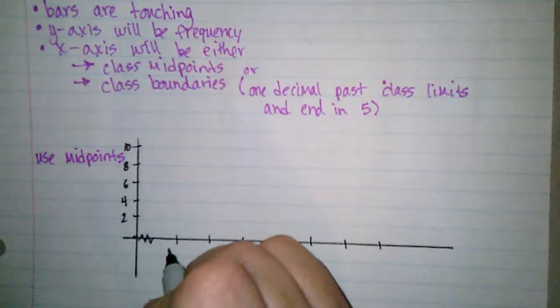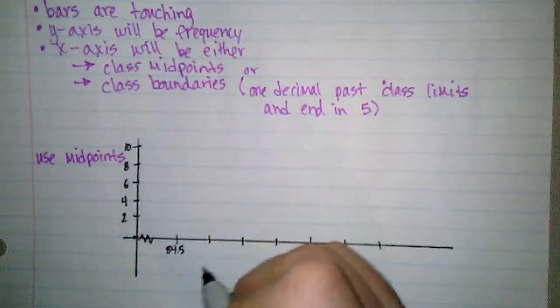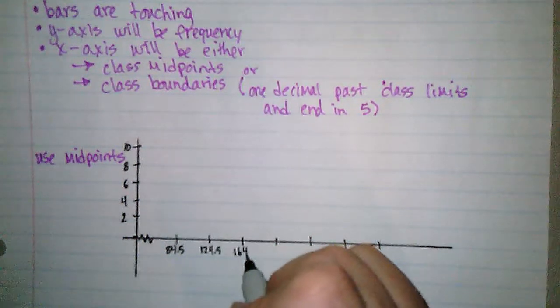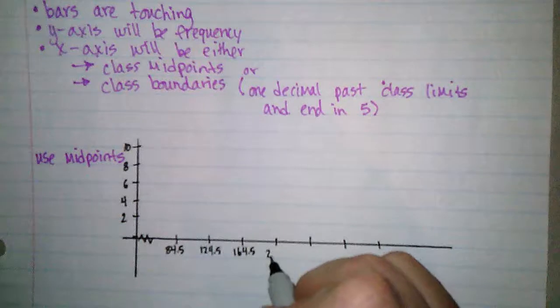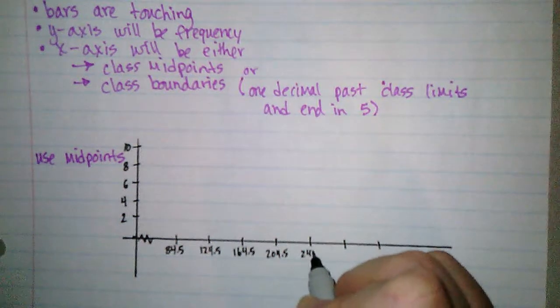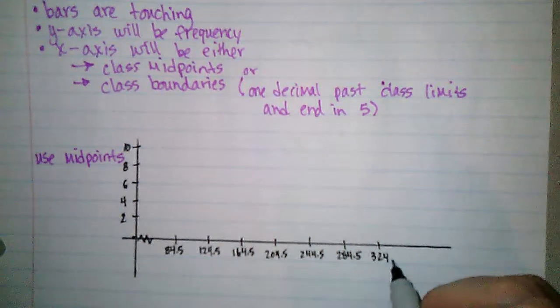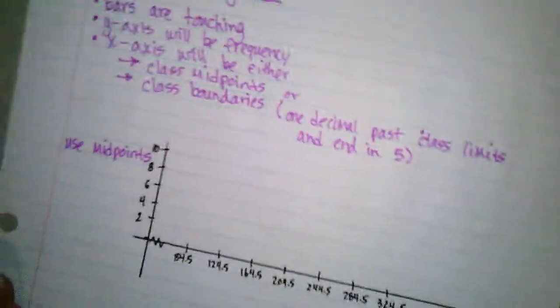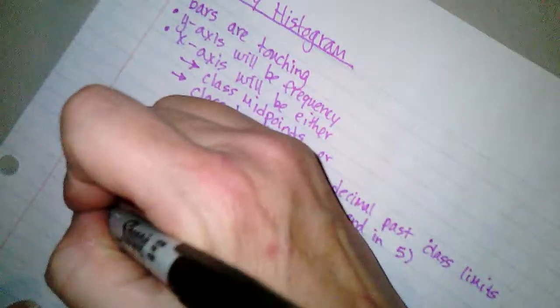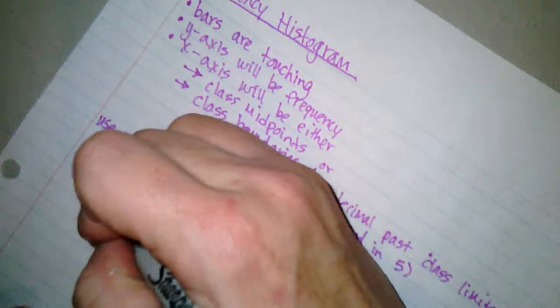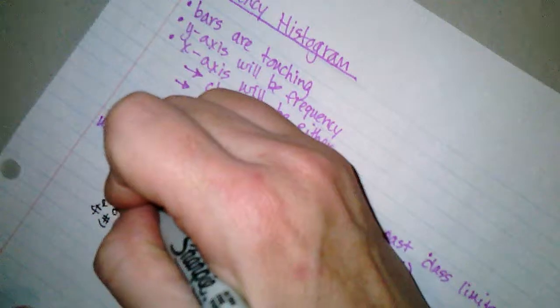And I'm going to label those with my midpoints. So those were 84.5, and then 124.5, 164.5, 204.5, 244.5, 284.5, 324.5. And I'm going to label this axis here with frequency, but more specifically, it is the number of GPS units.